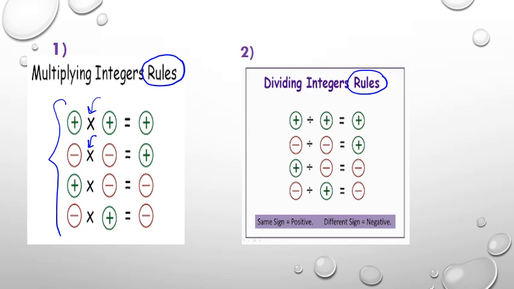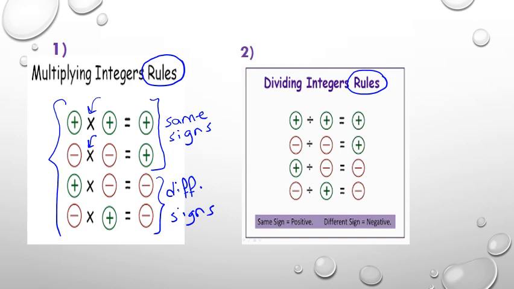When we are multiplying same signs, always the answer will be positive. So here we have multiplication of same signs. Always the answer is positive. If we are multiplying a positive with a negative or a negative with a positive, in this case we are multiplying different signs, and in both cases the answer is negative.